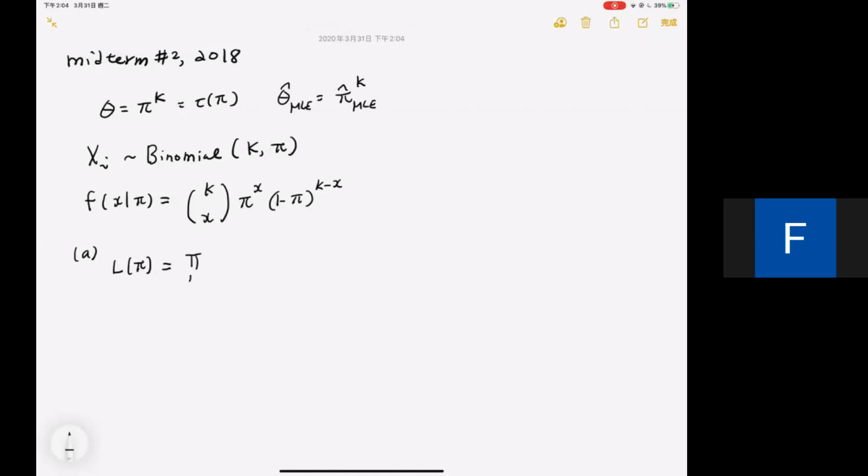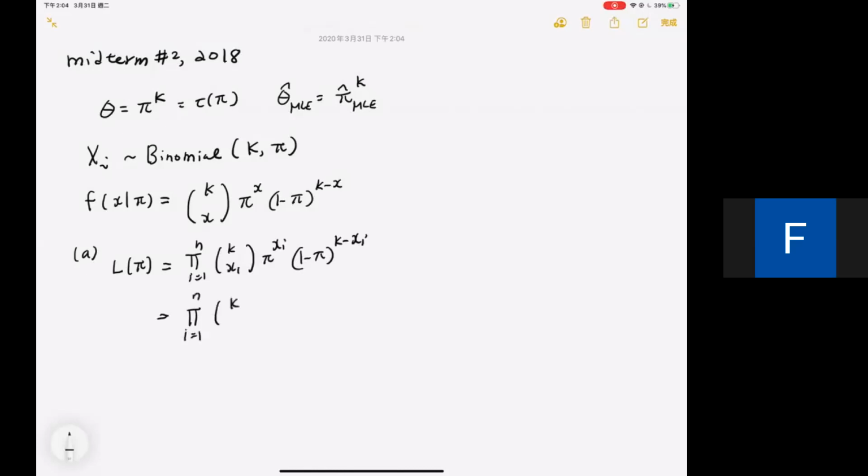So product from i equals 1 to n of the PDFs, k choose xi, pi^xi, (1 minus pi)^(k minus xi). Can I simplify? I think so.